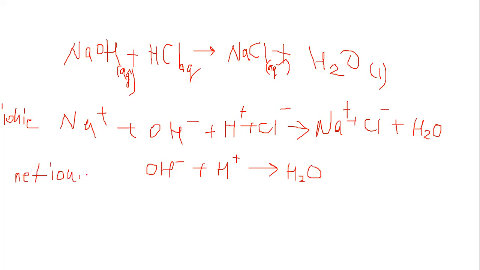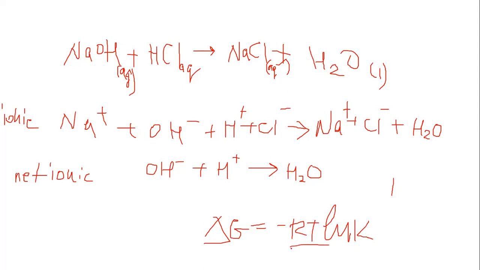Doctor, before we end, can you explain from the last lecture what RT is in K, the free energy and chemical equilibrium? Delta G is minus RT ln K. In RT, R is the universal gas constant and T is temperature.